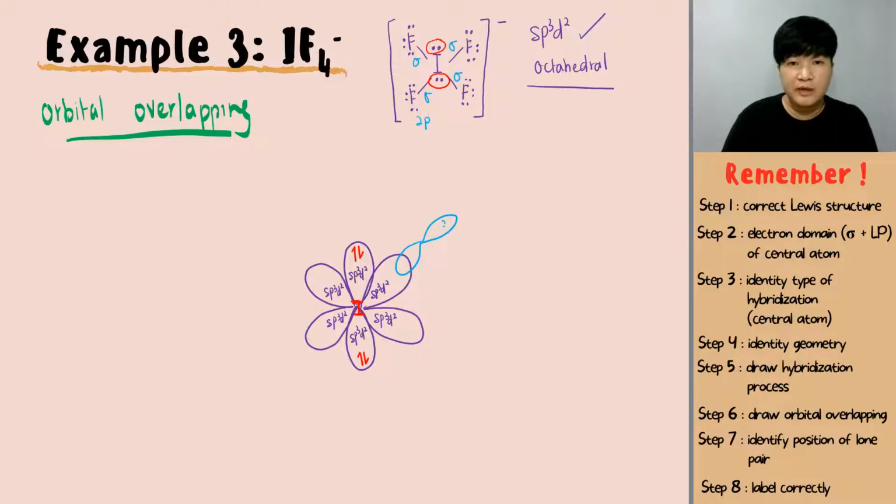So make sure that is my 2p of my fluorine. And in this overlap area, you have your 2 electrons, which are in opposite directions. That is my sigma. And since it's a sigma, make sure it's an end-to-end overlapping. Make sure they are 180 degree end-to-end overlapping. Okay? And we are going to repeat for the rest of the orbital overlapping, because everything is the same overlap with the 2p of the F terminal atom.